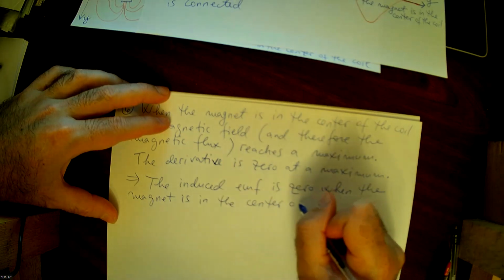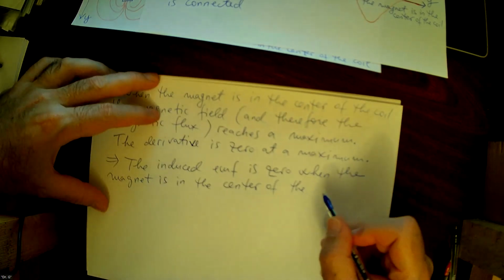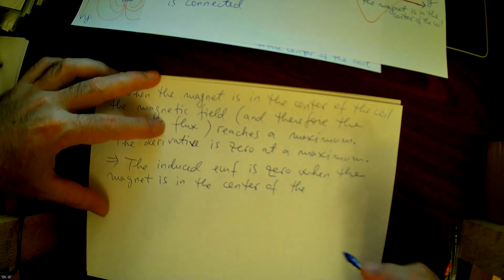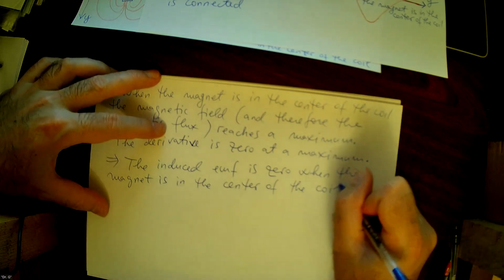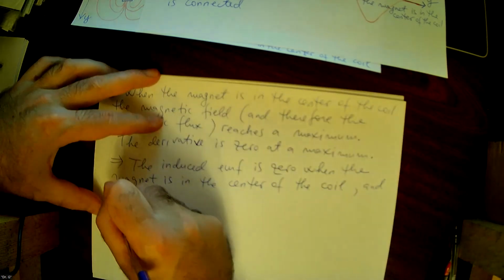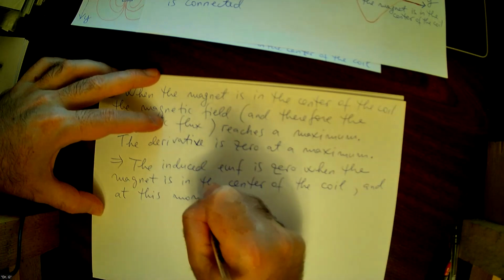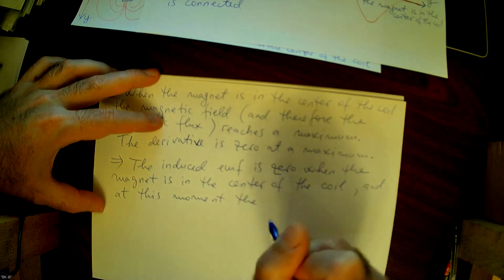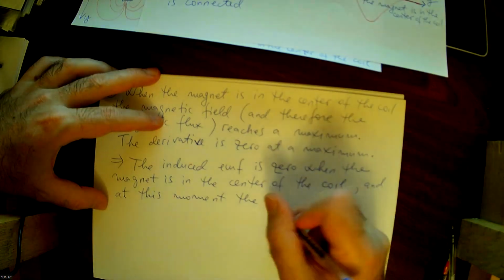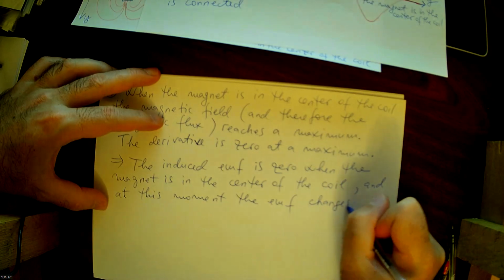Okay. You have to write this down. This is in the mark scheme. The induced EMF is 0 when the magnet is in the center of the coil. And at this moment, the EMF becomes negative. The EMF changes sign.